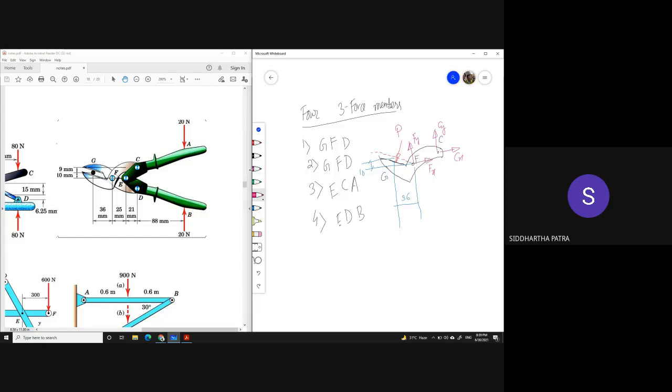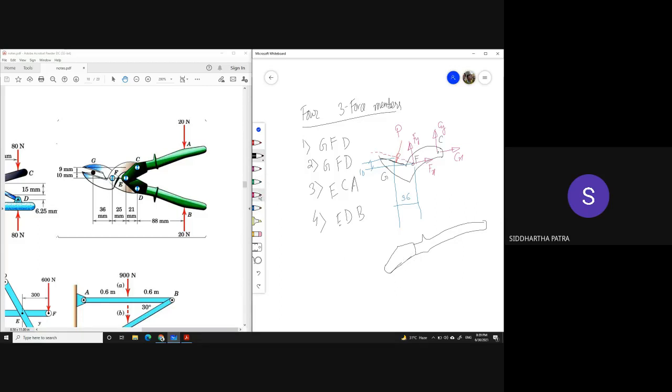Now if I draw the free body diagram of this other component, that is ECA.